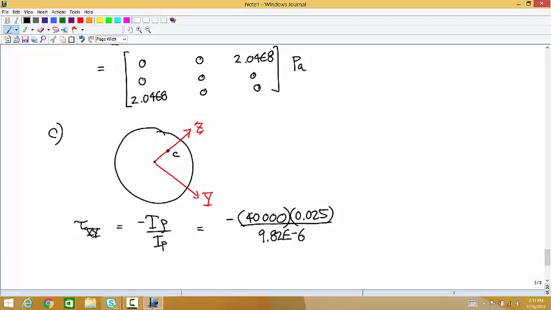And you get half what we got before. So that's negative 1.02 times 10 to the 8th.